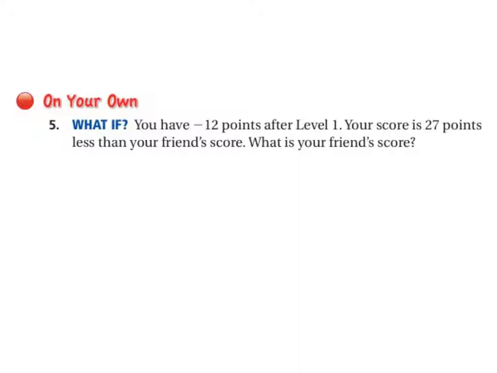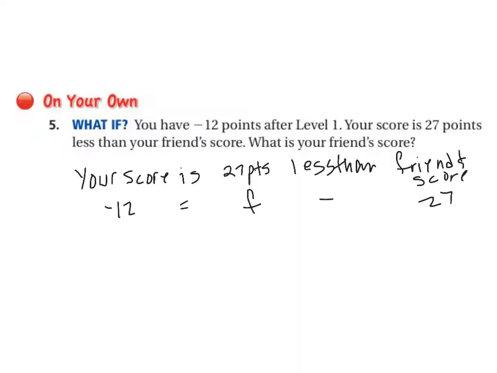Be sure to write the question and how to do it in your math notebook. What if you have negative 12 points after level 1? Your score is 27 points less than your friend's score. What is your friend's score? So I have written this out in words. Your score is 27 points less than your friend's score.